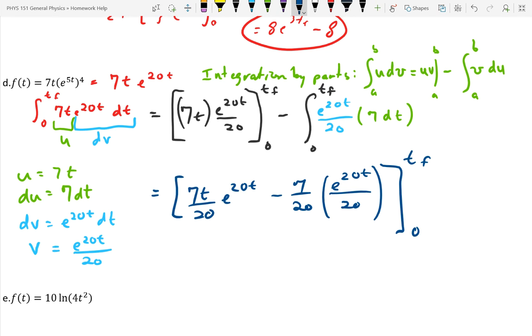So I have 7t final e to the 20t final over 20. And I'm going to do both limits on the first one, then both limits on the second one. So the upper limit minus the lower limit, 7 times 0 e to the 0 over 20. 7 times 0 e to the 0 is 0.